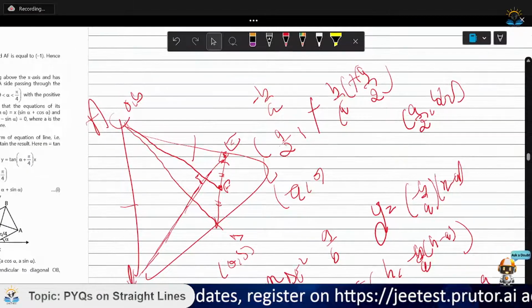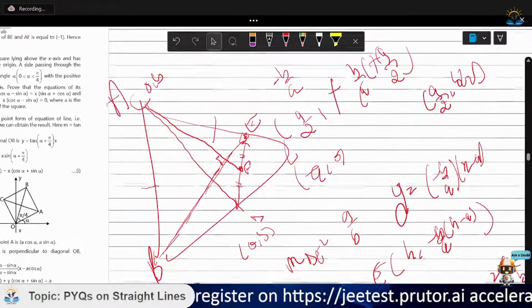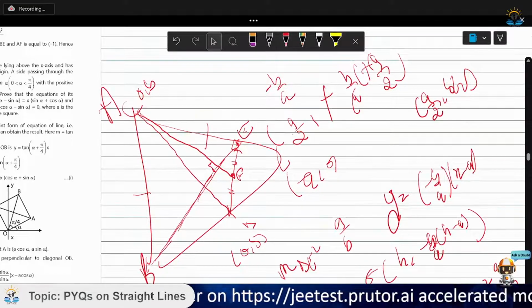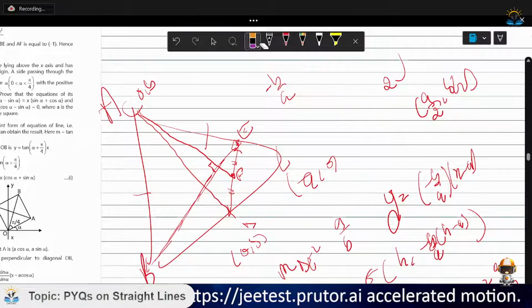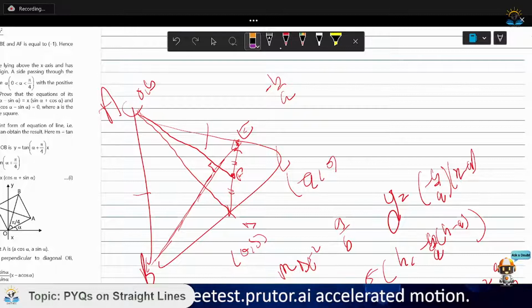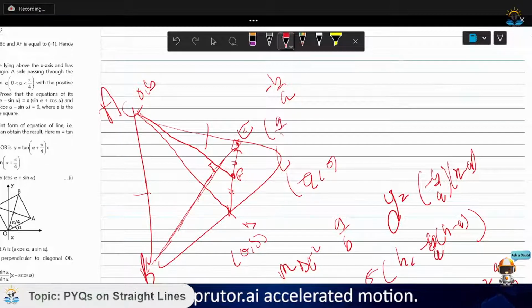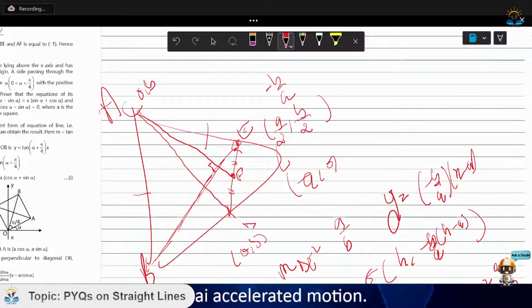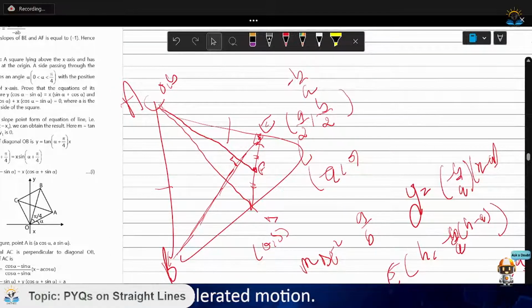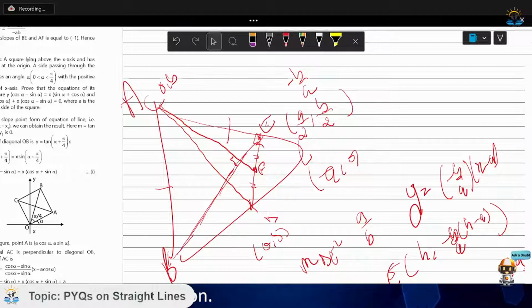Right? I'm calculating this right? Okay. Now I just have to calculate F. So my F becomes A by 4 and B by 4.